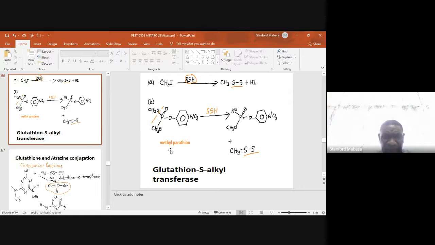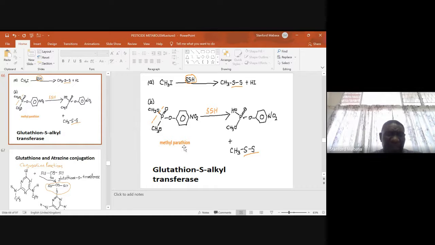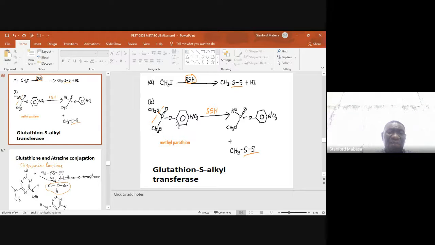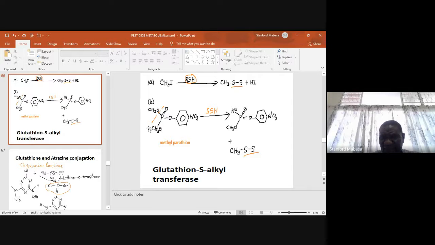Probably we can use methyl parathion. Methyl parathion can split here. This bit can now combine with the glutathione. Once we have done that, this insecticide is no longer toxic.